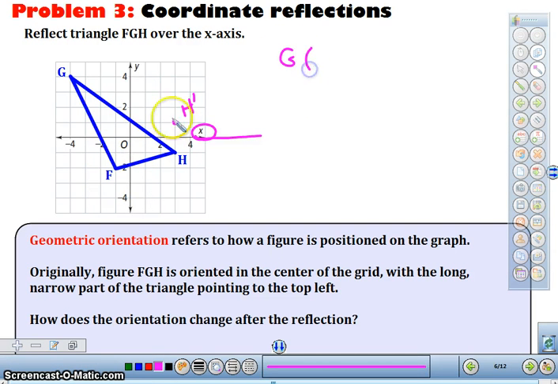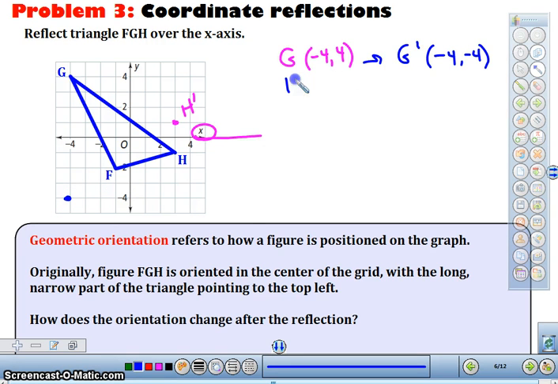The G, if we were locating where that was, it was at -4, 4. And if we want to think about where our new point G prime is going to be, when we reflect it over, it's still going to be at -4, but now it's going to be down 4. So -4, -4, as we are looking at that.